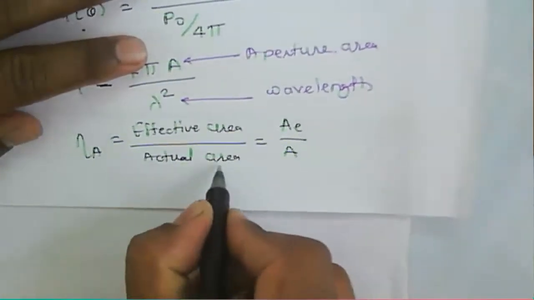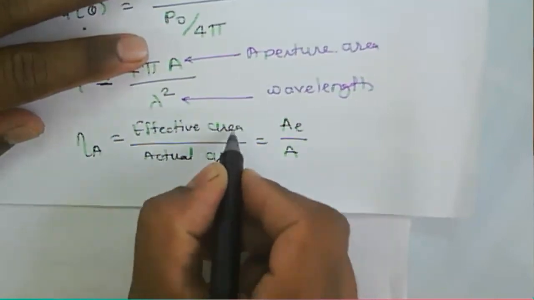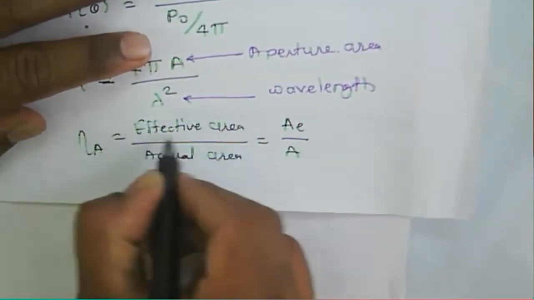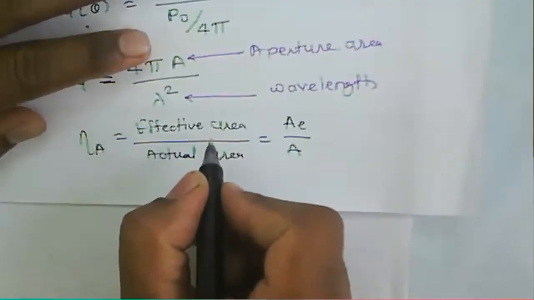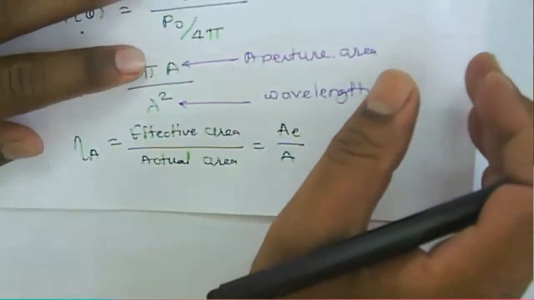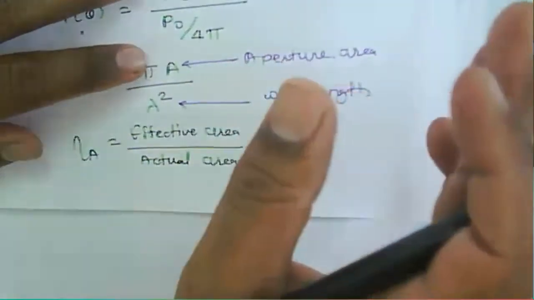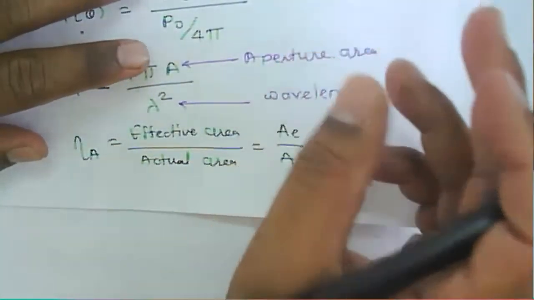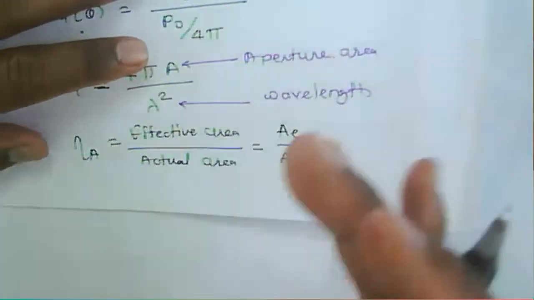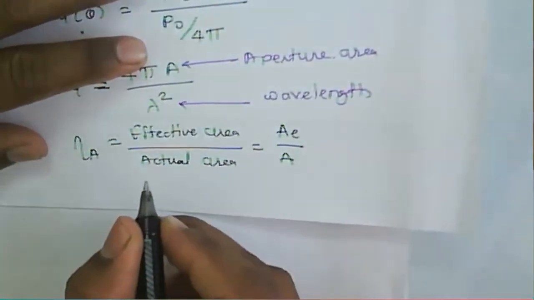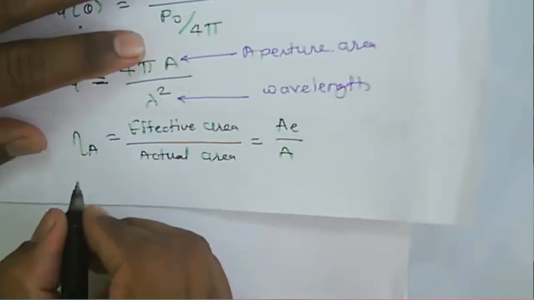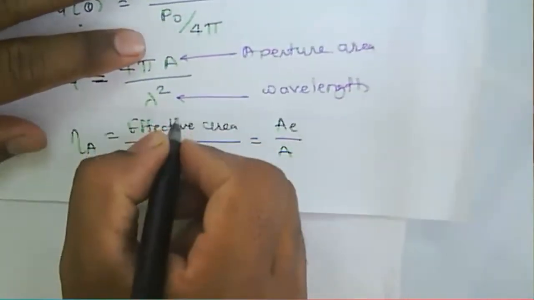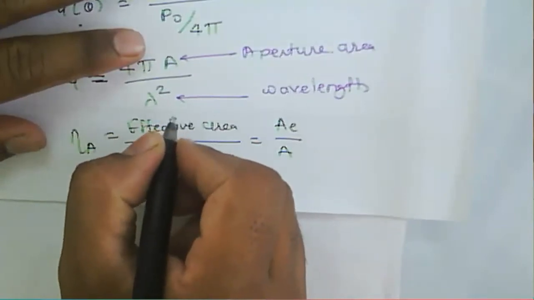So this is the actual area of the aperture, and this one is the effective area of the aperture. So effective area of the aperture means what? What effective radiation takes place by this antenna. So how much power is generated by the antenna depends upon the effective area of an antenna.